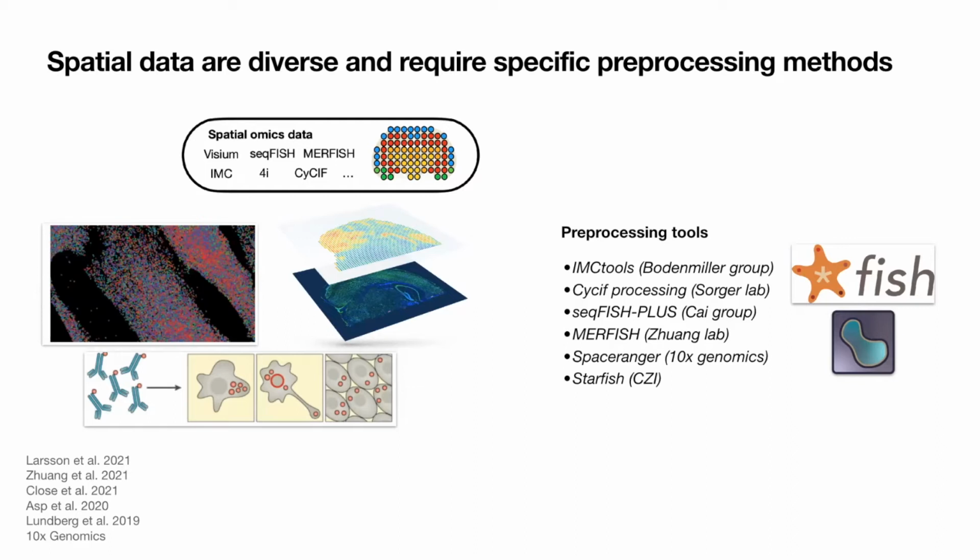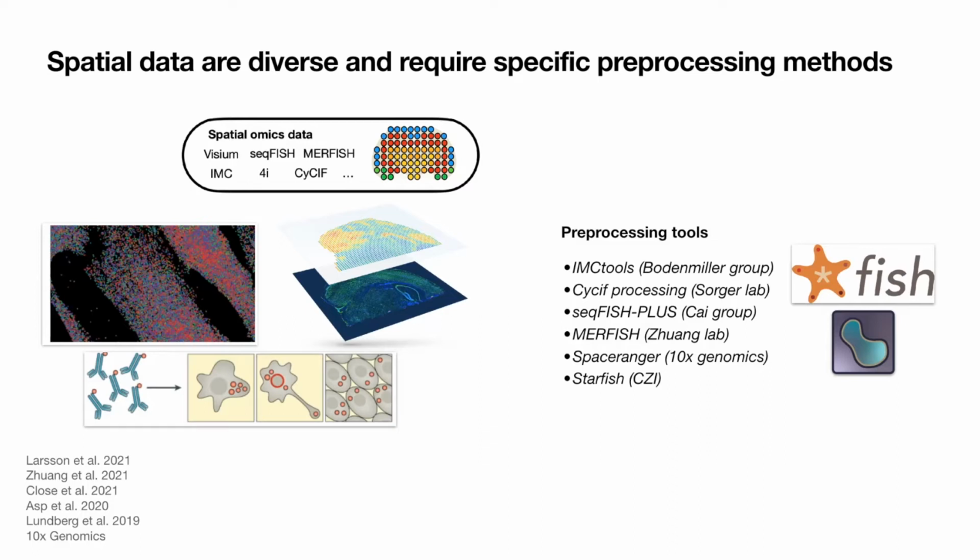And there are also many different resolutions at which you could acquire the data, resolutions in the spatial sense, but also in the sense of how many genes or how many proteins you are measuring. And just to name a couple, there is Visium, for example.